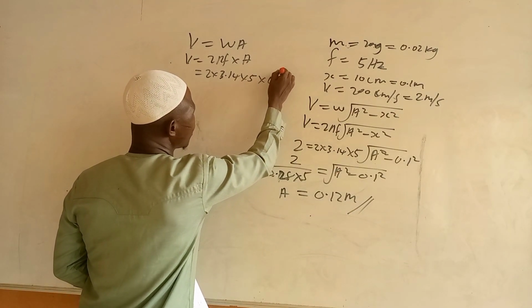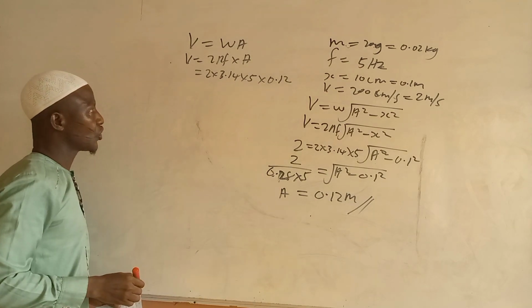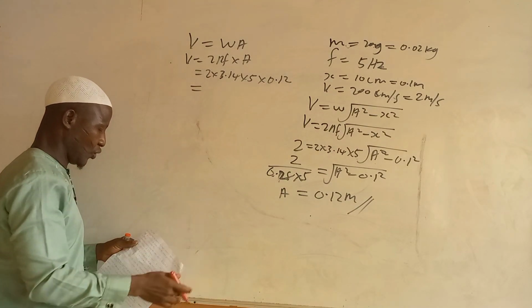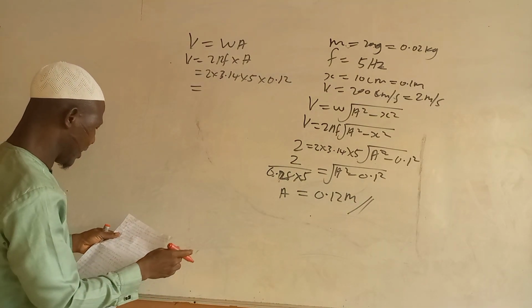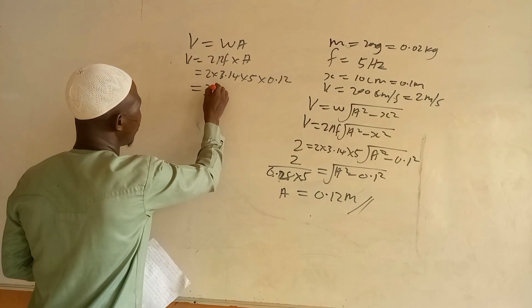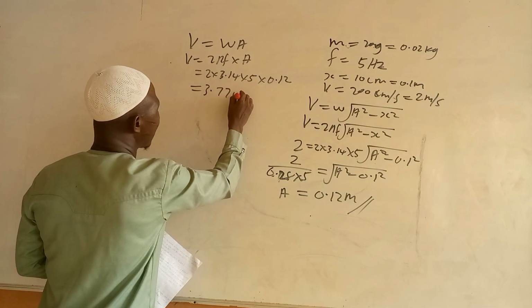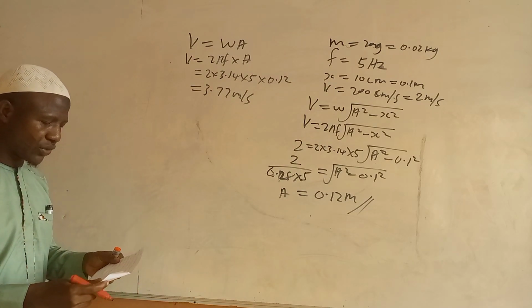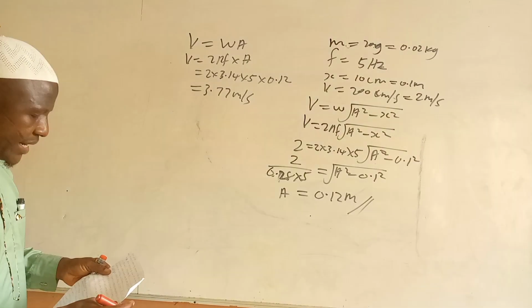That is 0.12. That's all. So whatever you get from here, you are going to get 3.77 meters per second.